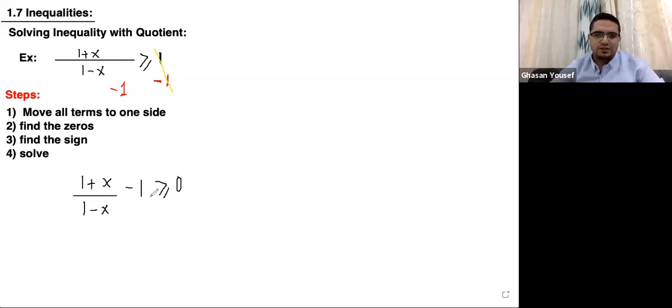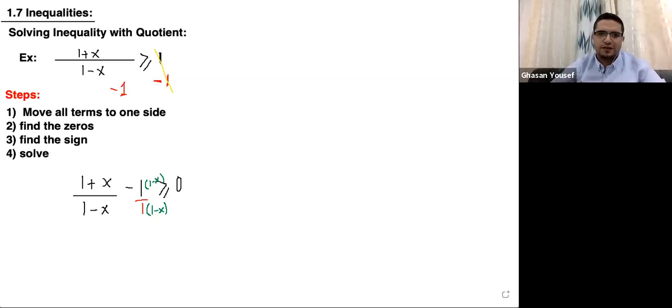Also, I like to solve this one because here we actually have 1 over 1. So this is actually over 1. I make the denominator equal by multiplying the numerator and the denominator by 1 minus x. So I multiply this by 1 minus x, and I multiply this by 1 minus x.